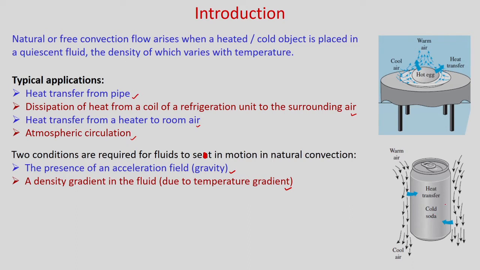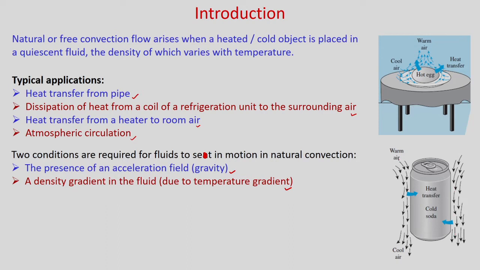Another example is a cold soda. So, it is actually warmed up in the presence of the ambient air. So, you can see when you keep it in the ambient air, warm air will come into contact, there will be heat transfer, its density will increase and it will go down.